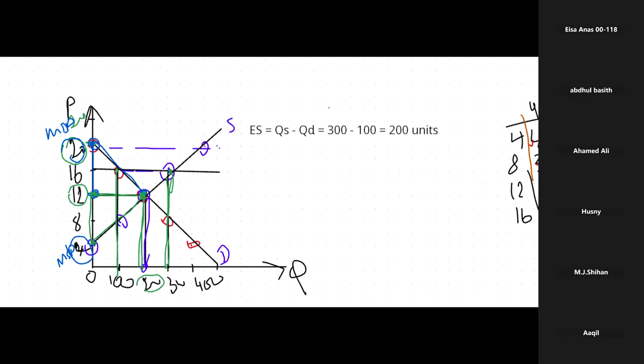But the consumers, even though they were demanding 200 at the equilibrium, when the price is increased, they are demanding less, to 100. But there is a deviation between QS and QD. That deviation is the excess supply. So at the price of 16, QS is 300, QD is 100. So QS minus QD, 200 excess supply. Now did you understand?